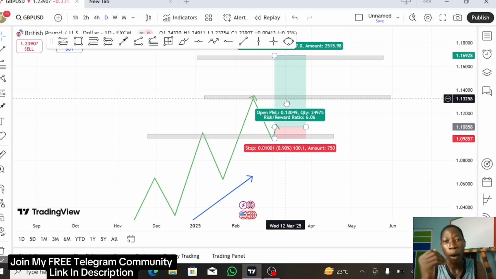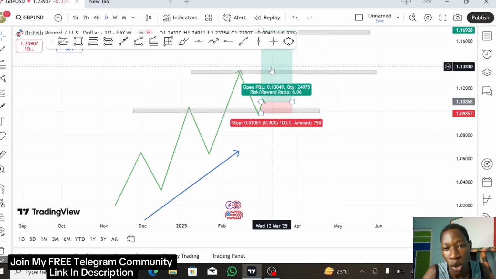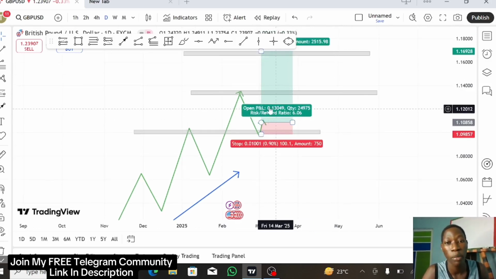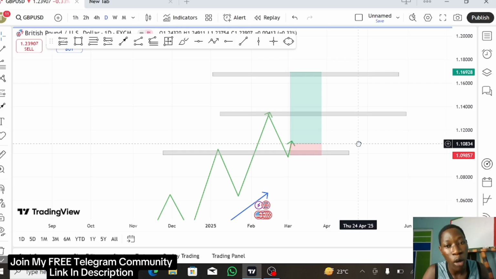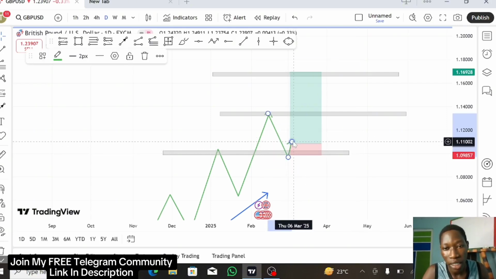Do you understand? Break even your trade, because it might get to this point and then just start retracing, and this point might just be the point it might want to change, like change of trend. Change of trend might just occur at this point here. But most of the times, it is always going to the upside, right?